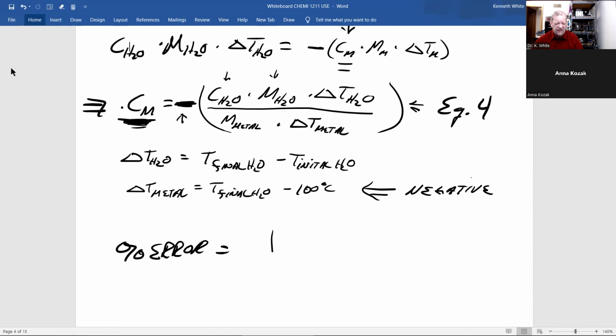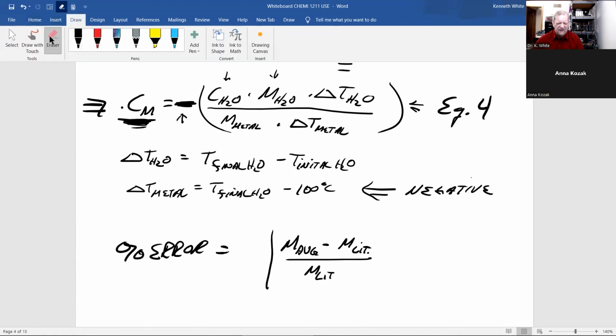And that's equal to the absolute value of the metal average minus the metal literature value, and I'll show you that in a second, divided by the metal literature value. And actually, I should put here, hold on, let me do something clearer.